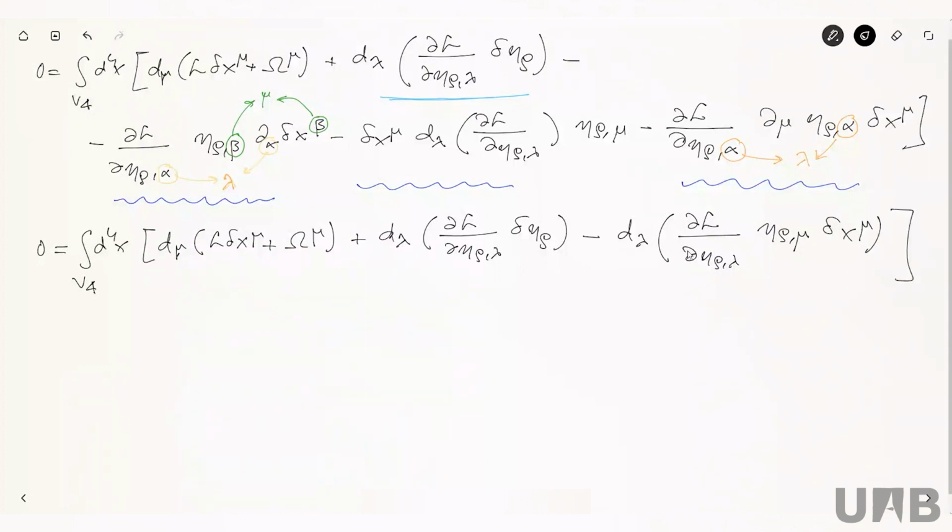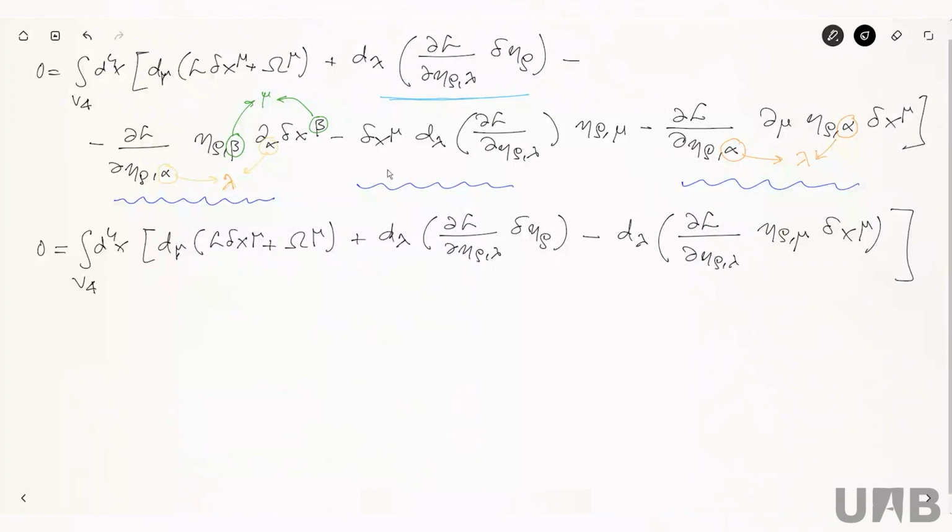That I take the derivative of this times that, and it gives me these three terms, okay? So let's see, the term in which I have the derivative acting on the derivative of L with respect to eta rho comma lambda is here.